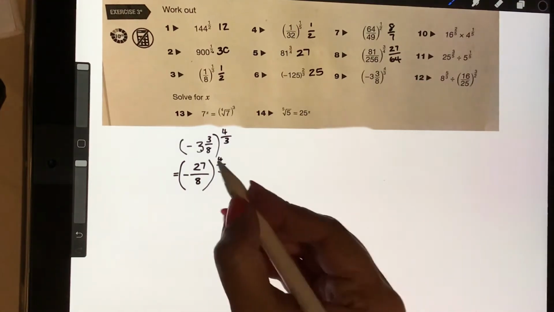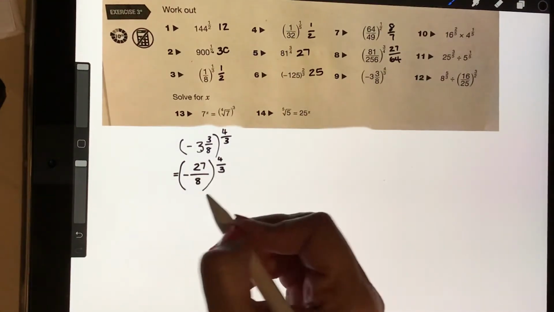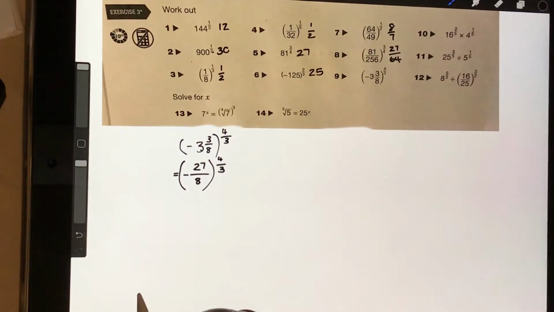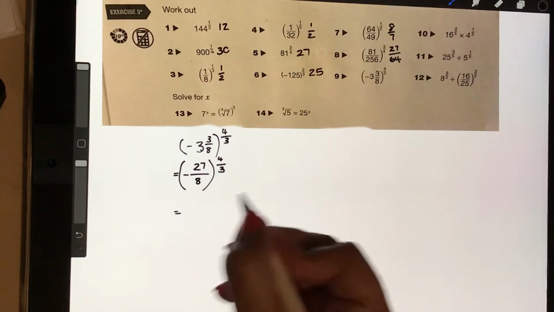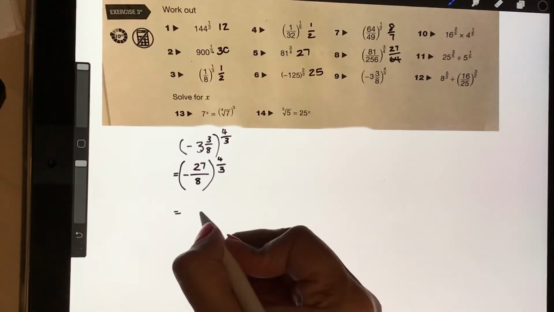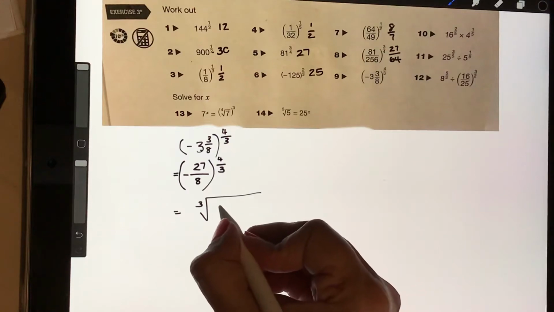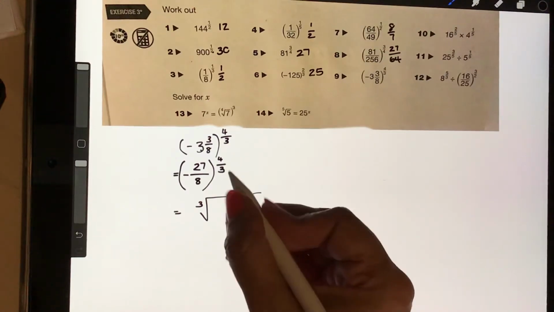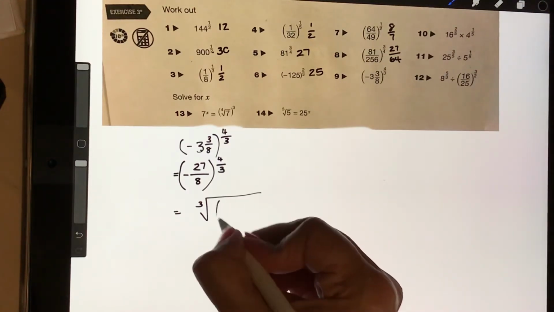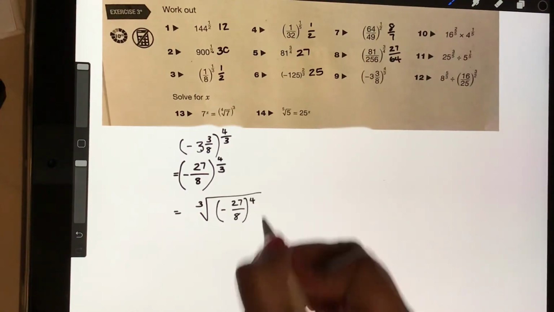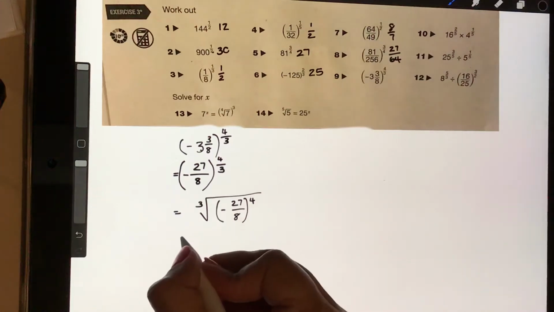Right, now again, you can decide whether you want to change that into a 3 to the power of 3 and a 2 to the power of 3, or you can simply do this. You can say that it's going to be a cube root, and let's do it step by step first, minus 27 over 8, all raised to the power of 4.